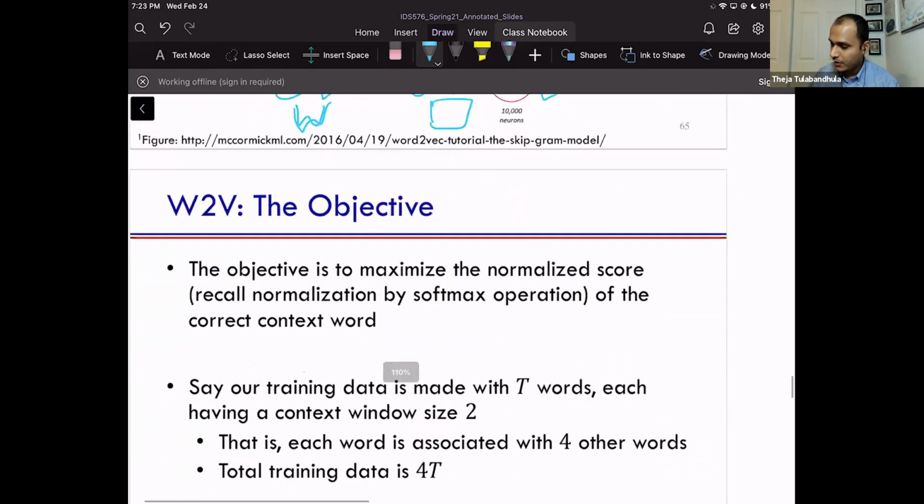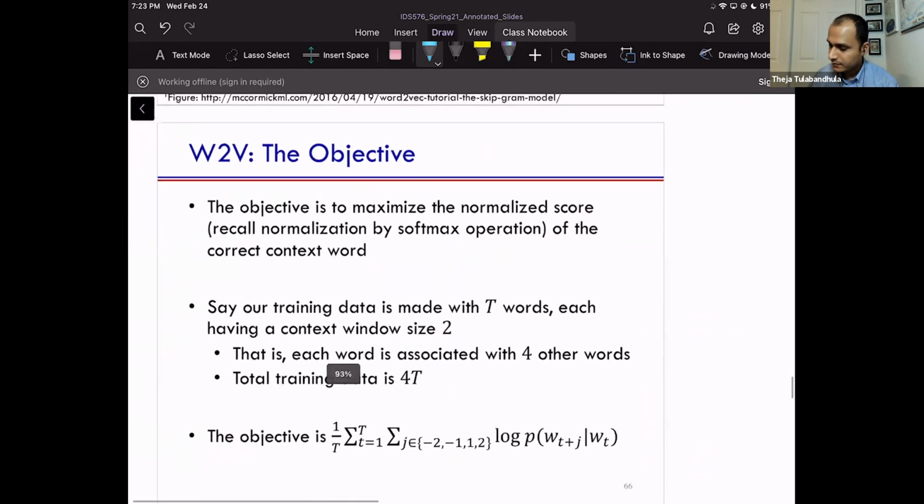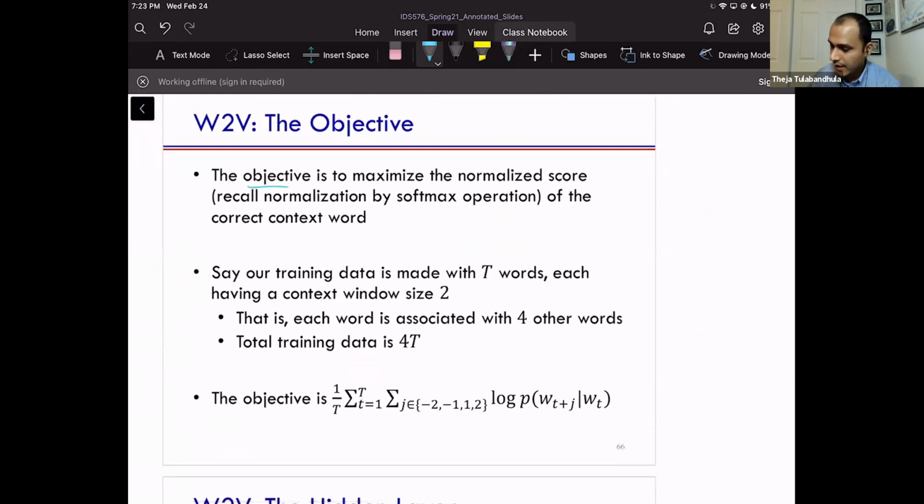Now the objective is, as usual, like when we did classification, where we had cross entropy loss as the objective that we wanted to minimize. Here it's somewhat similar. It's going to be the following objective.